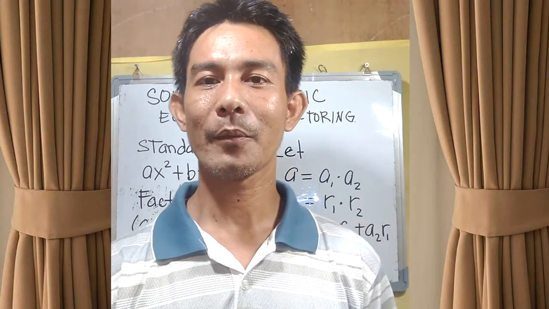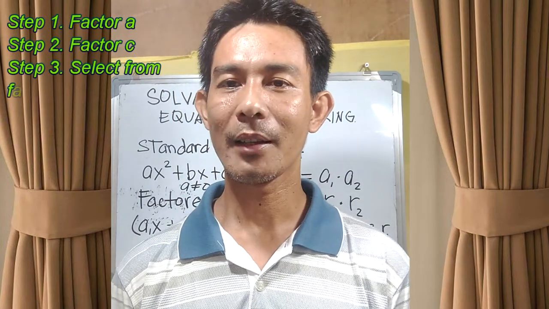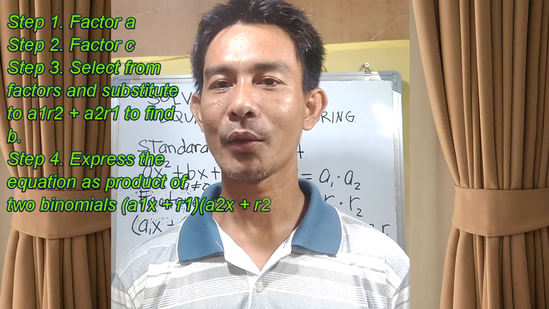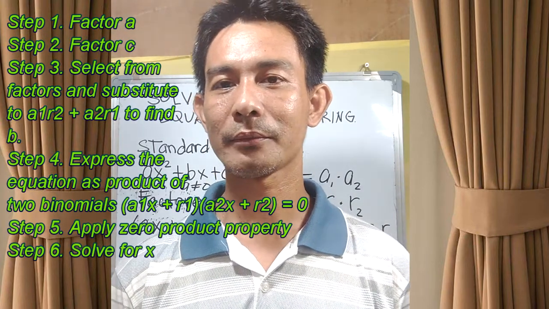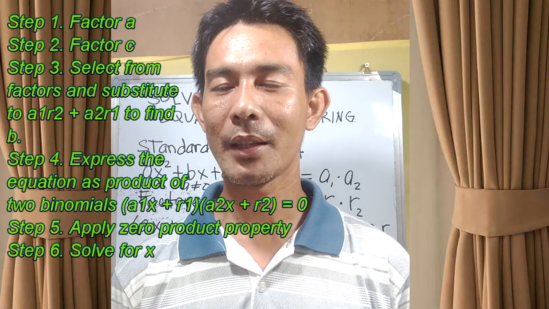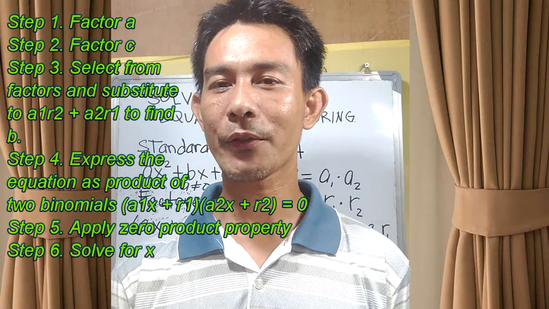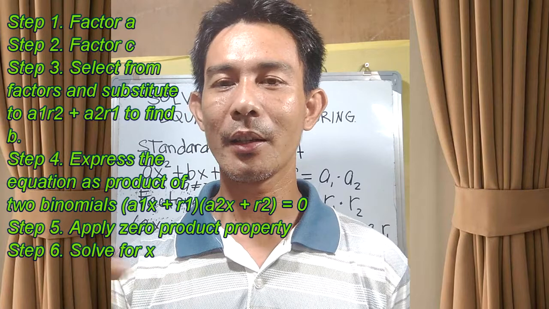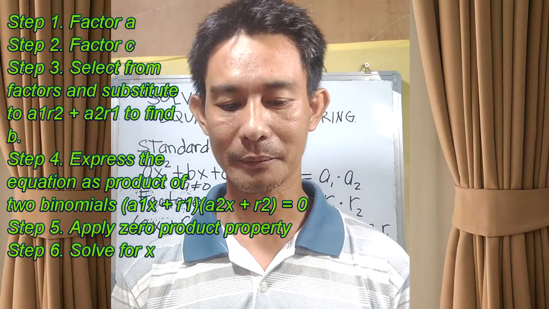Okay, so those are the steps in factoring quadratic equations. Again, number 1, you're going to factor the leading coefficient, or factor the a. Then factor also the c, the constant. Then the next step, you're going to select or choose from the factors of a and c in which the sum of their products is equal to b.